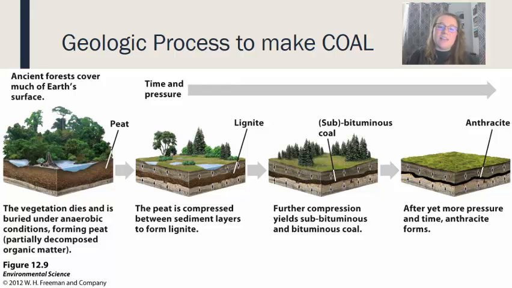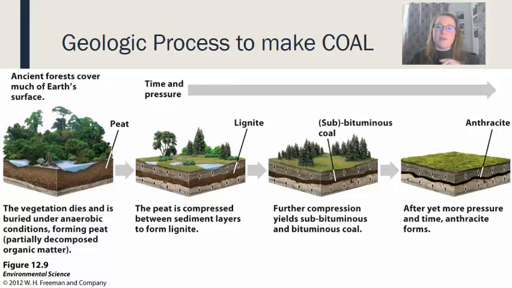Then eventually that lignite, over more time and more pressure, becomes sub-bituminous coal or bituminous coal. And then eventually it can move all the way to the end and become anthracite. Anthracite is the most desirable coal.